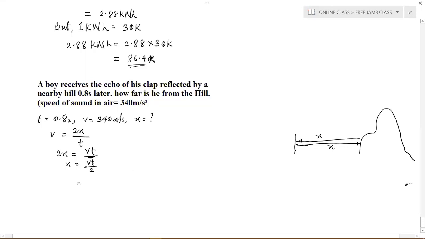So now we have 340 times 0.8 all over 2. So it's like we have 34 times 4, and that will give us around 136, I think so. 136 meters. Okay.